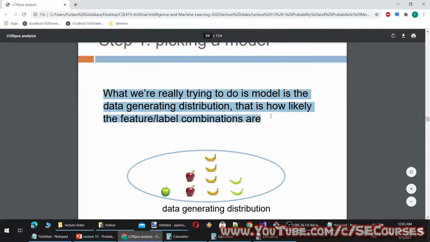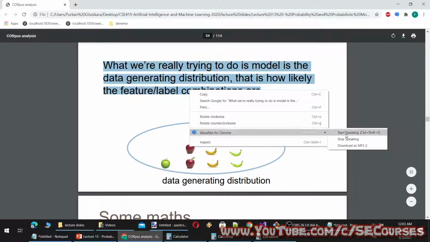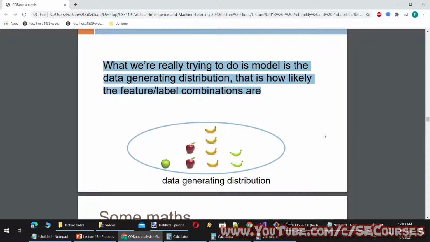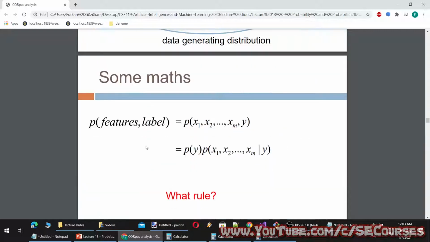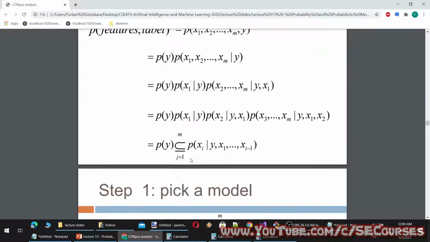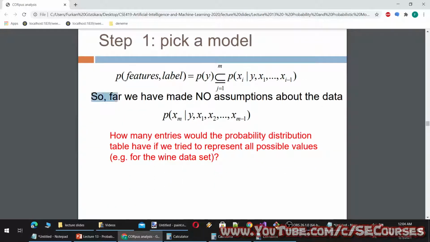Step 1. Picking a model. What we're really trying to do is model the data generating distribution, that is, how likely the feature label combinations are. Then there is some maths. What rule are we going to take?